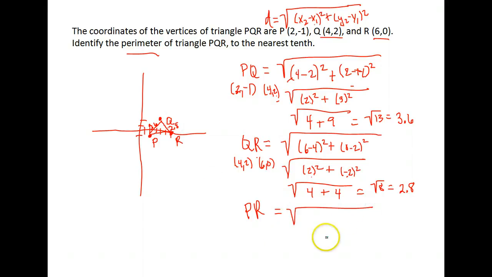Then we go to PR. So on PR, let's write down our points. P is 2, -1. I like to have them down here, so I make sure I use the right points. And R is 6, 0. Subtract the x's. So x is 6 minus 2.